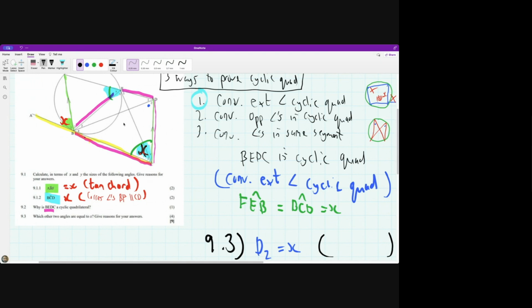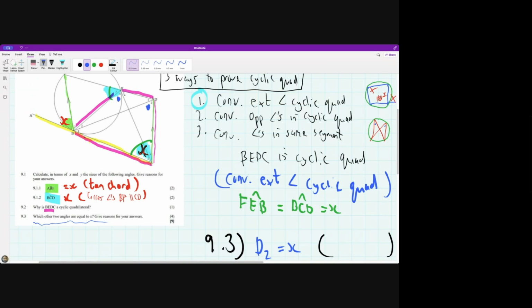Okay, fantastic. Now, the last question is, which 2 other angles are equal to X? Now, the thing that you have to do here is realize you have just proved that the pink thing is a cyclic quad. So you can use your cyclic quad to help find those other angles. What I want to point out first of all, can you see these 2 blue dots?